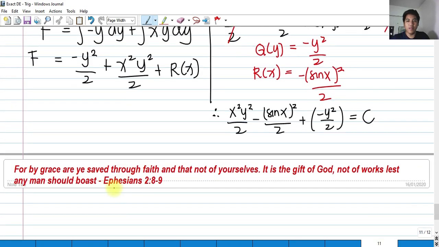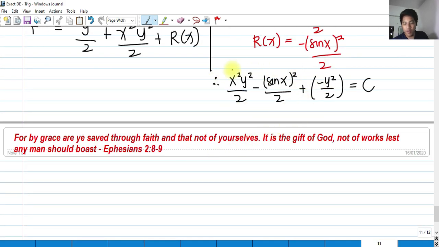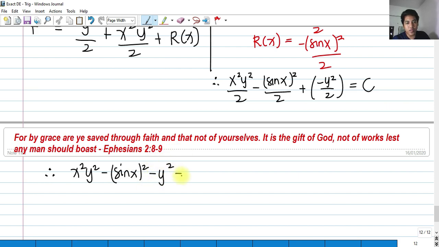What will happen if I multiply it all by 2? Our answer would be x squared y squared minus sine of x squared minus y squared is equal to c.